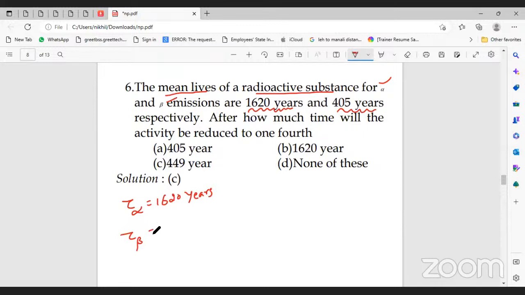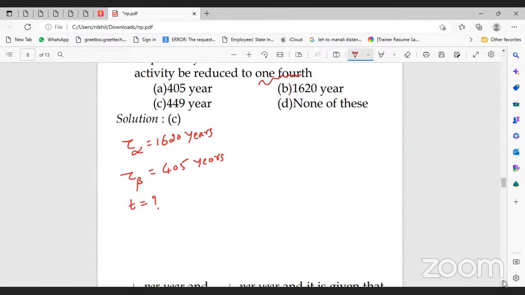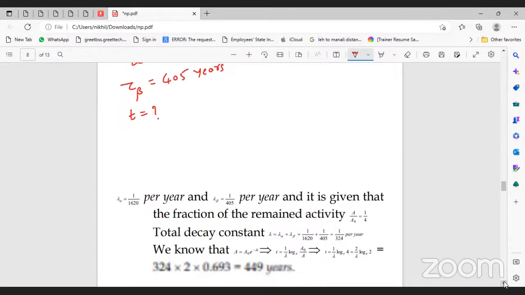Mean life for beta is 405 years. After how much time will it reduce to 1/4? Whatever the initial is, it is going to reach 1/4 of the initial. What is the time?